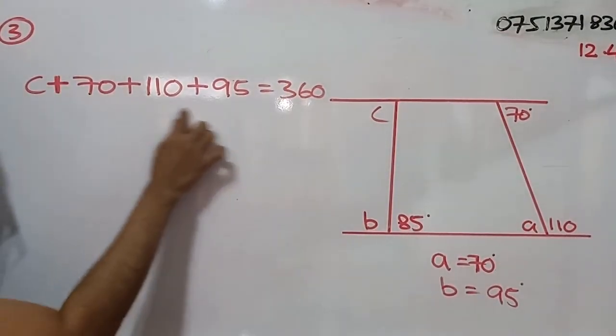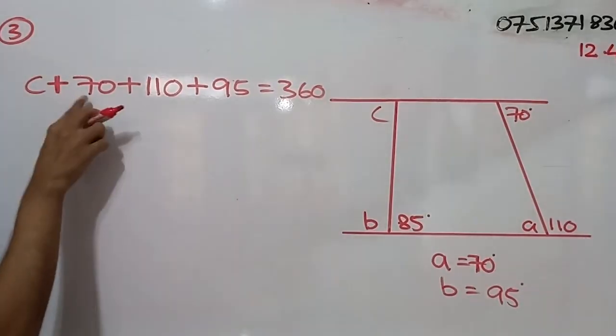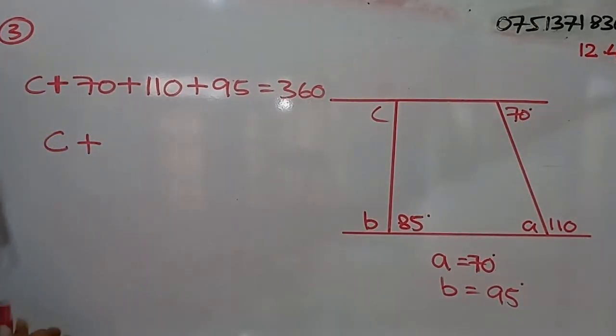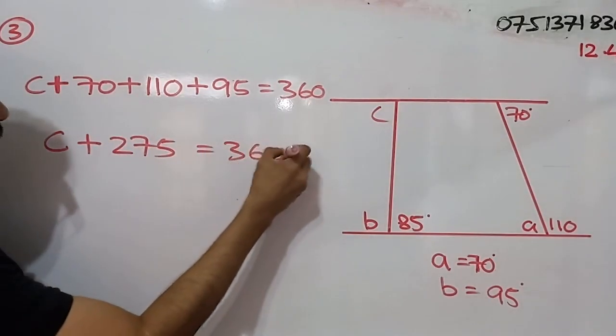Right. So now I can simplify these three numbers. C plus 70 plus 110, that is 180. 180 plus 90, that is 270. 270 plus 5, that is 275. So that is equal to 360.